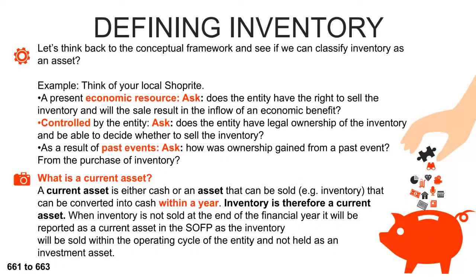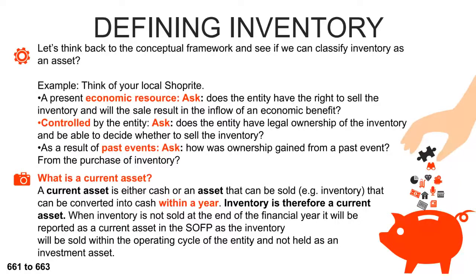Right. Now, let's get down to business. So the first outcome that we had was that we wanted to understand what is inventory. How do we define inventory, right? And we said, okay, let's have a look at the definition of an asset.